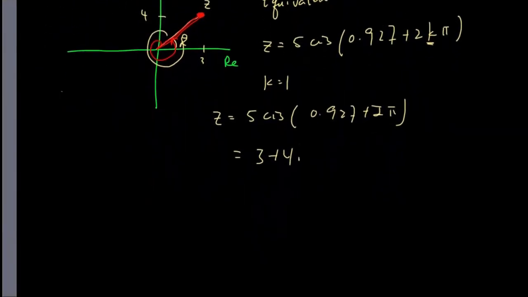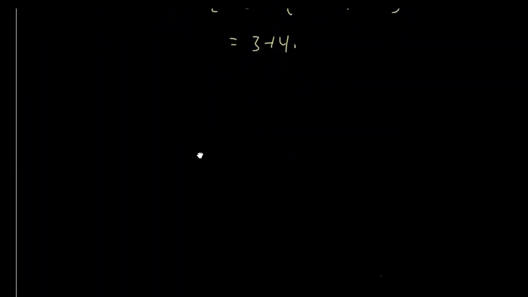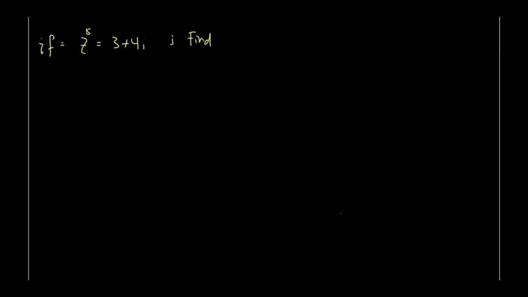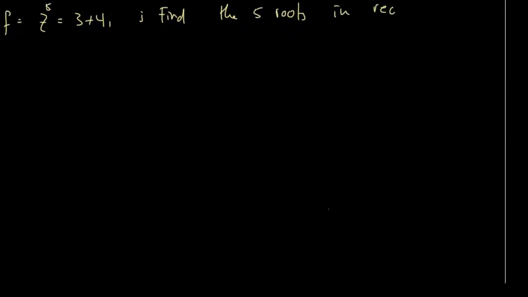So how do we use this information to solve for the cubic roots? Well, not cubic roots, but for any other roots. Let me propose a question. If z to the 5 equals 3 plus 4i, then find the five roots in rectangular form.